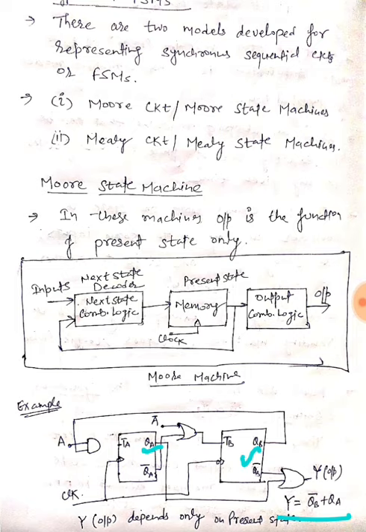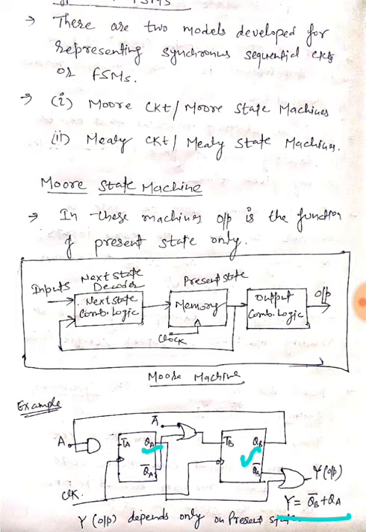As we have seen, it is the memory part which will store the state for us. So the output depends only on the state, that is QB bar plus QA. We will see later in this lecture how we can implement this output and next state logic using a flip-flop.